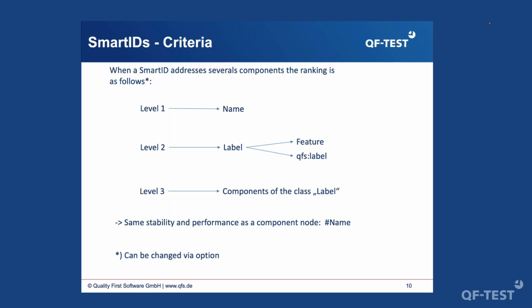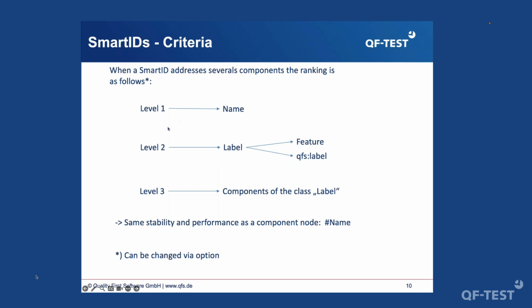Basically, in the first level search, it's looking for a component which is matching this name. And if there's no name found with this criteria I defined, it's going for a second level search and is then checking if there's a component matching this label or matching this feature. So basically looking if there's any component which has a visible text on it with this specific criteria I provided.